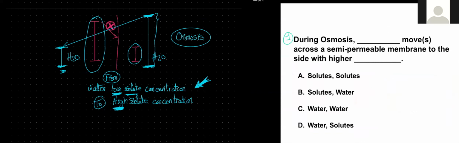Osmosis is a movement of water to the side with higher what? Solute. Exactly. So the good answer here is going to be D, which is the movement of water to the side with higher solute.